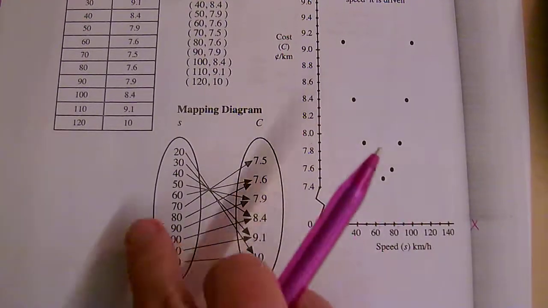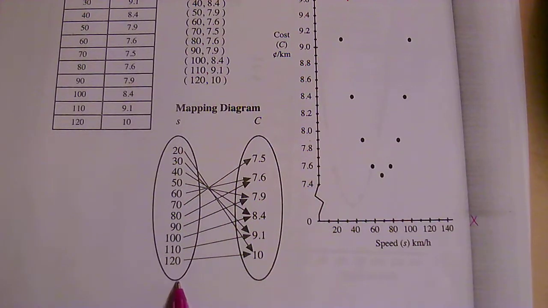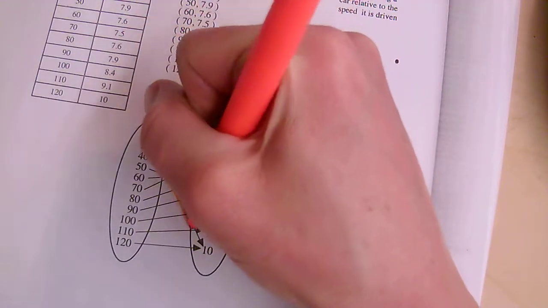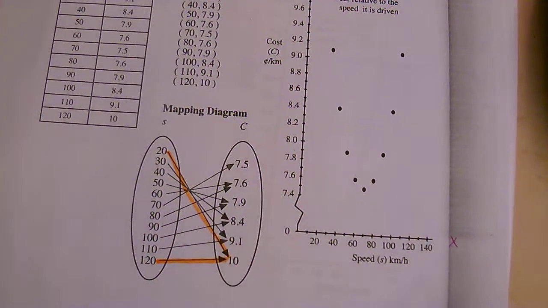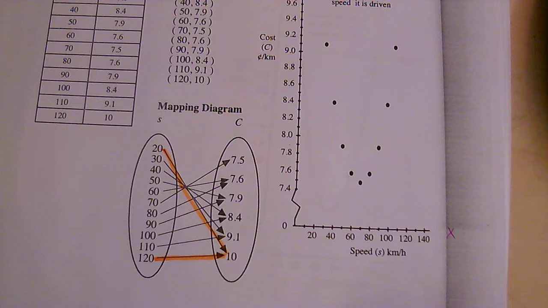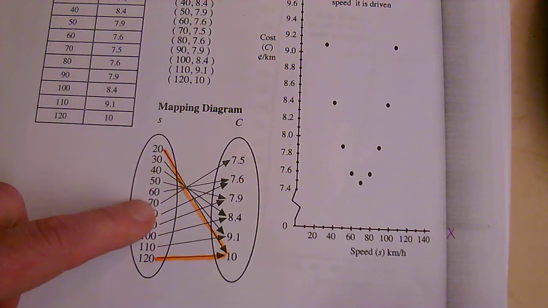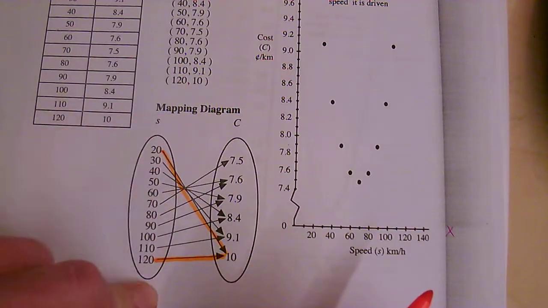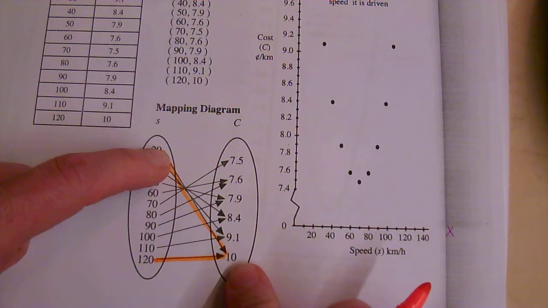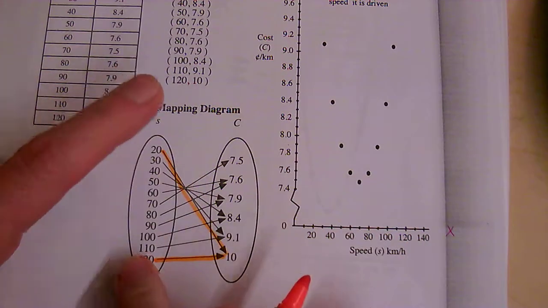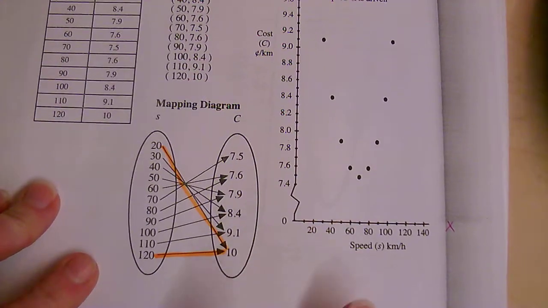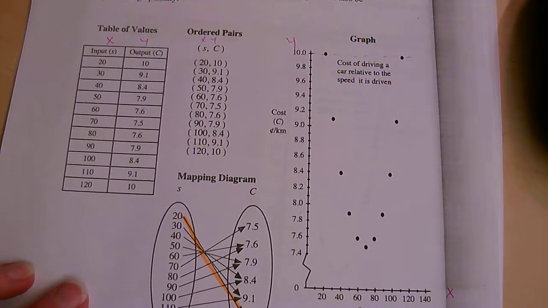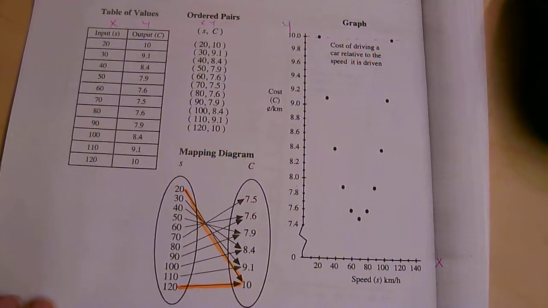So it makes sense with our mapping diagram that there's more than one S. For example, if I highlight the 20 and the 120, both are going to 10. But there's only one C for each S. So 20 only has one C. C can have more than one S, but S not the other way around. Those are all the different ways that we can represent the information and the relationship.